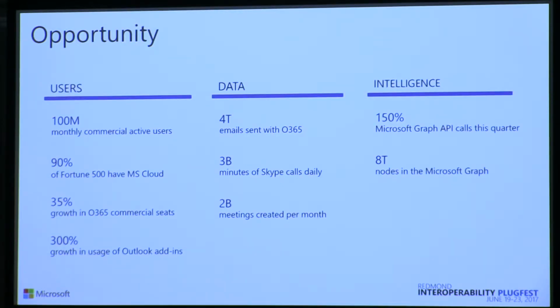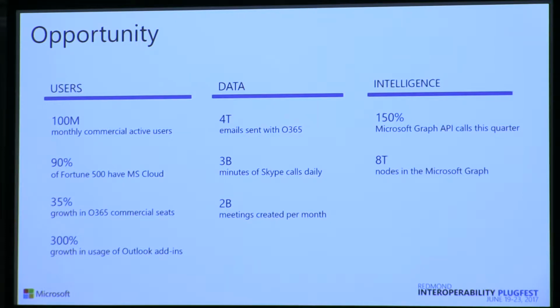Around these applications, there's a ton of developer opportunity. That's because we have a vast number of users. For instance, over 90% of the Fortune 500 use Microsoft Cloud. As an example, we have 100 million monthly commercial active users. So the user base is a broad area for you as a developer to explore. Secondly, we have a ton of data around this.